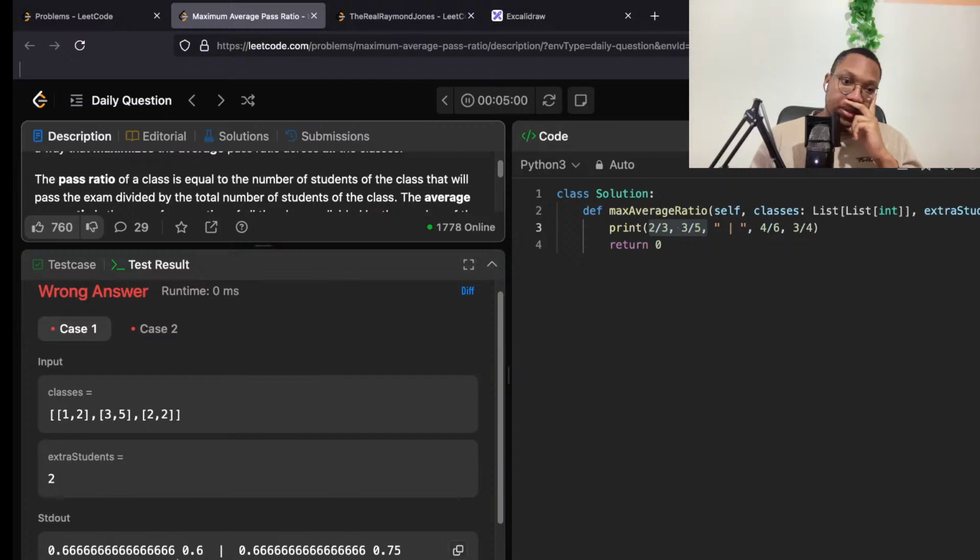So I don't know how you would know how big the impact is going to be. Maybe you know how big the impact is based off the numbers, the denominator. So when you add to the denominator, it'll apply some kind of effect. Like 3 out of 5 to 4 out of 5 can only increase so much.